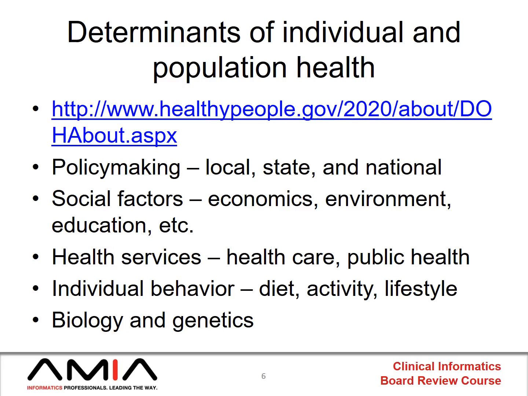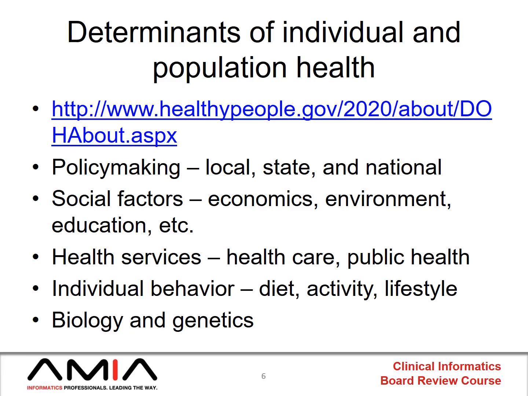There are many determinants of individual and population health. A more thorough discussion on this topic is presented at the webpage linked here. And we know that many factors influence individual and population health. For example, policymaking, government, whether it's the local, state, or national level.